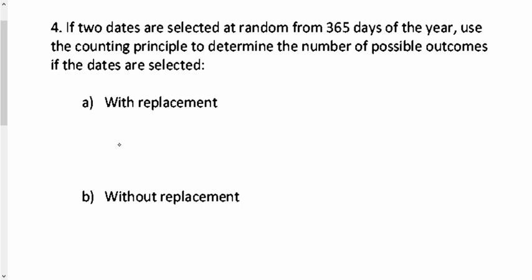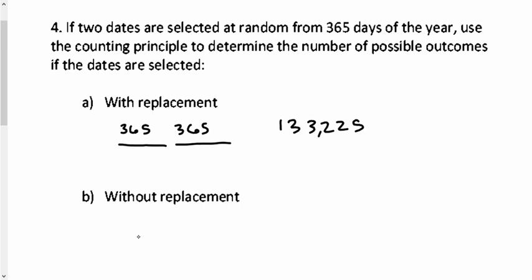So when we're doing these with replacement, we're selecting 2 days, and we have 365 times 365. Right? And so when you multiply that out, we get 133,225, I hope.